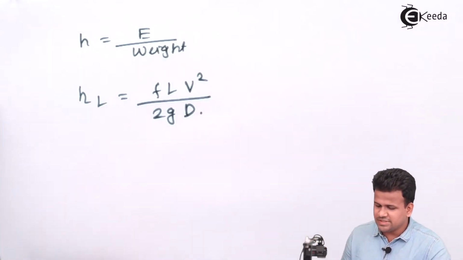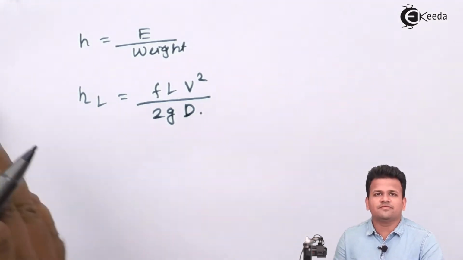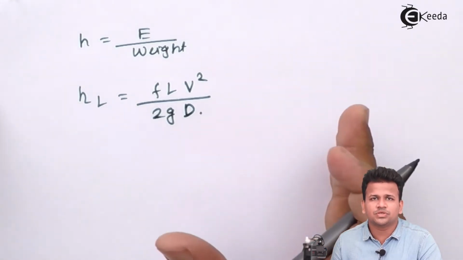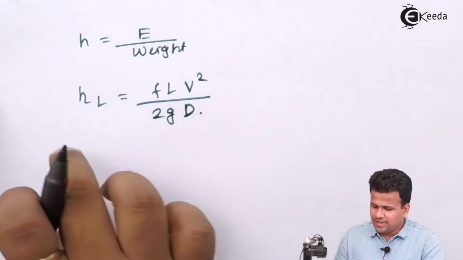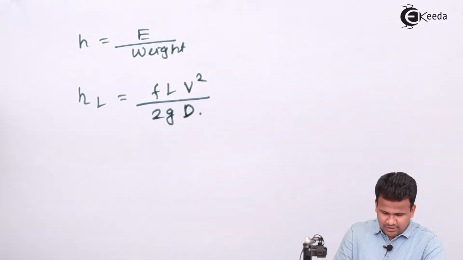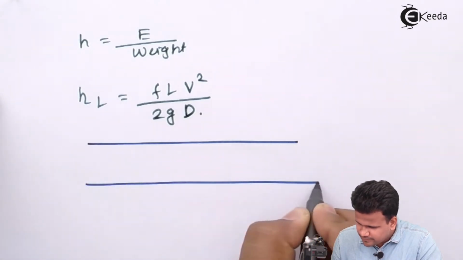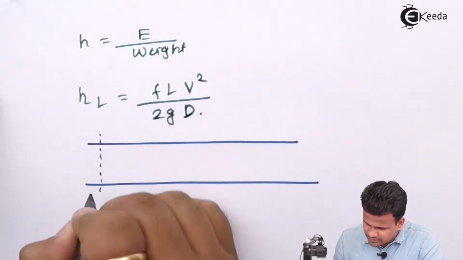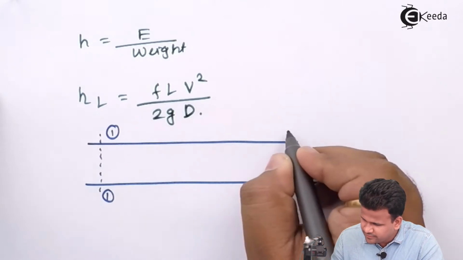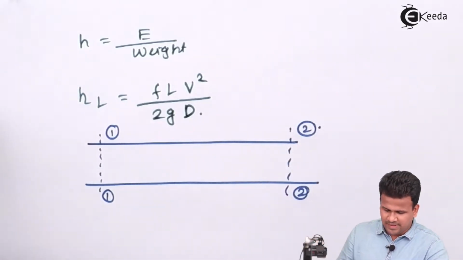So this is actually the loss for a fluid which is traveling from section 1 to section 2. During this, it will have the head loss over that entire length of the pipe. Now, the head loss at section 1 will be minimum and at section 2 will be maximum.